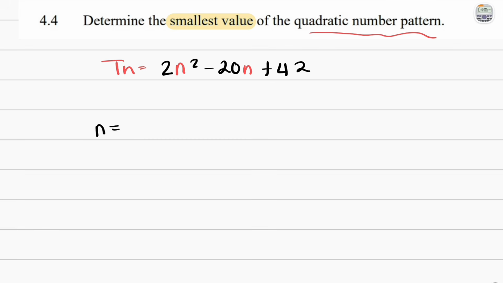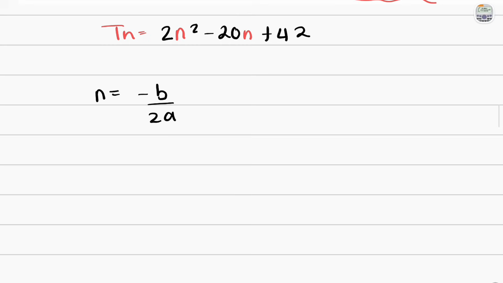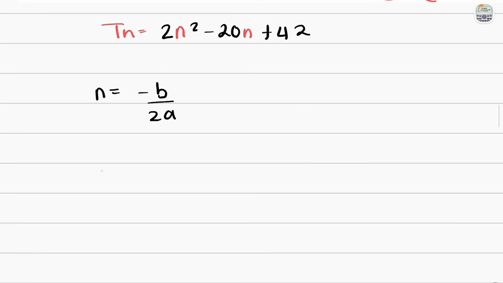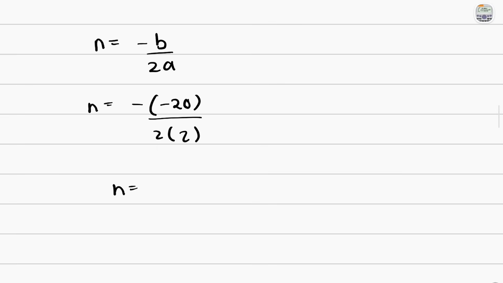To find the x value, you simply say x is equal to -b/2a. That is the formula. But I'm saying n is equal to in this case because I'm trying to find an n value. So n equals negative, and our b value is -20/2 times 2. So n is equal to +20/4, which is equal to 5.